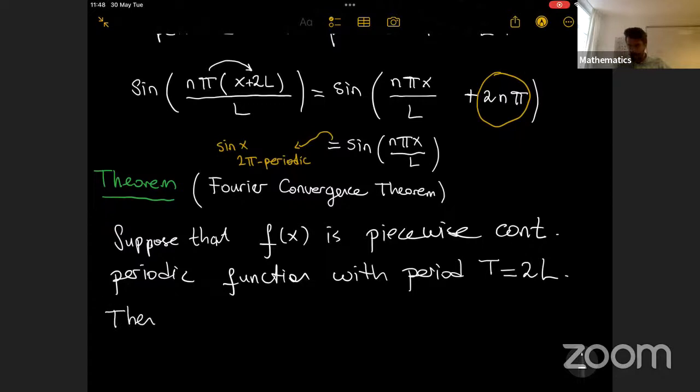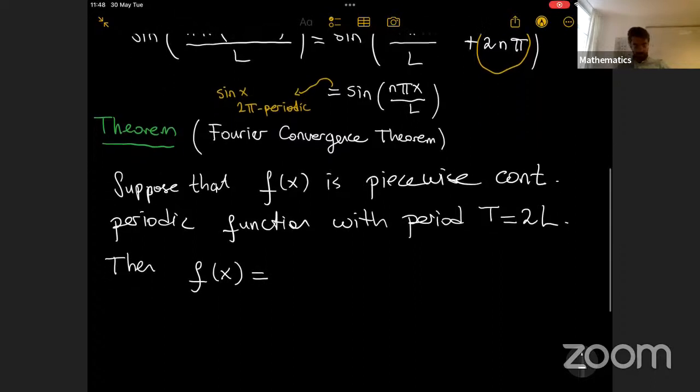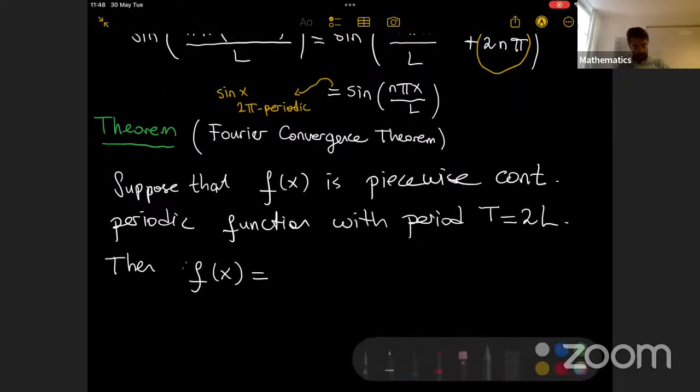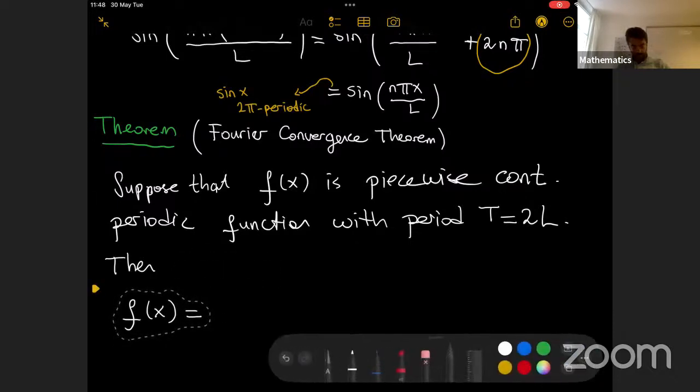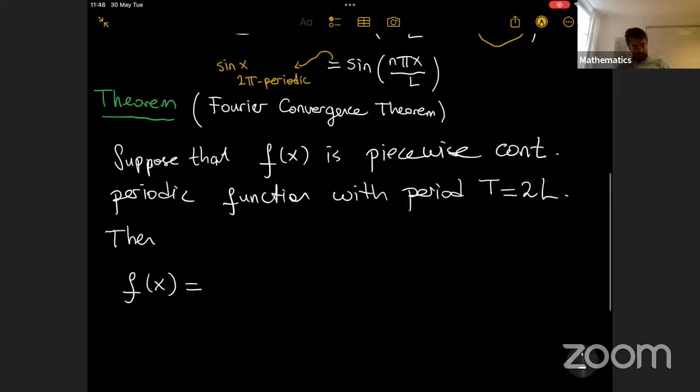Then f of x is equal to A0 over 2. A0 is a number. Later we will find out those coefficients, A0, A1, and so on.